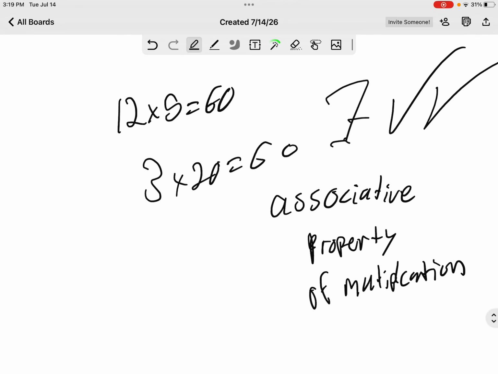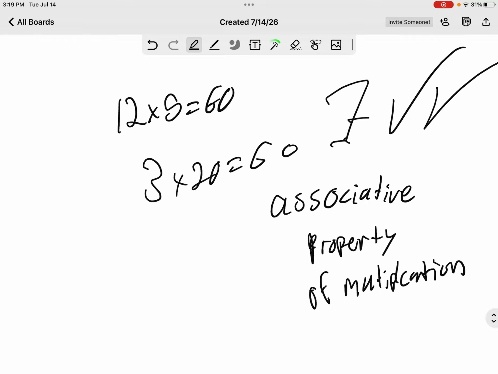So Lisa counts the blocks computing (3 times 4) times 5. But Bart counts them by computing 3 times (4 times 5). The associative property tells us that (3 times 4) times 5 equals 3 times (4 times 5). It's just different because they added parentheses. So let me show you.